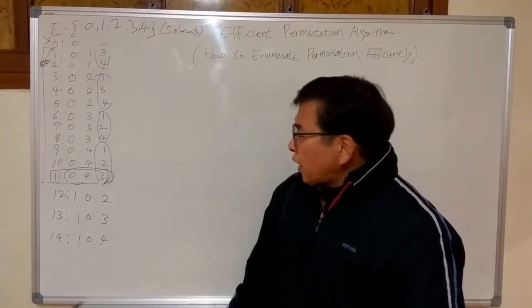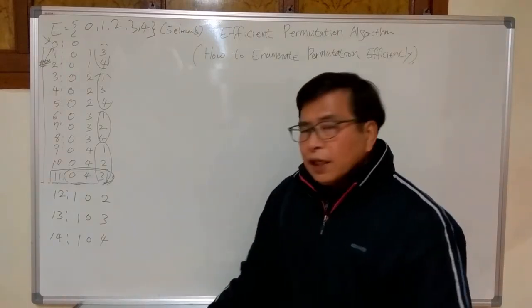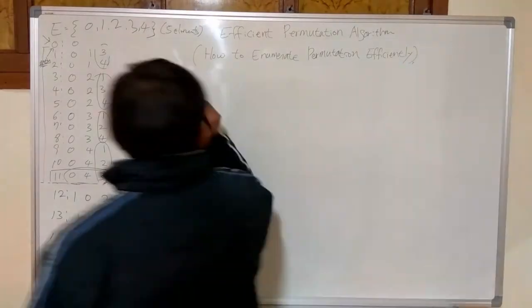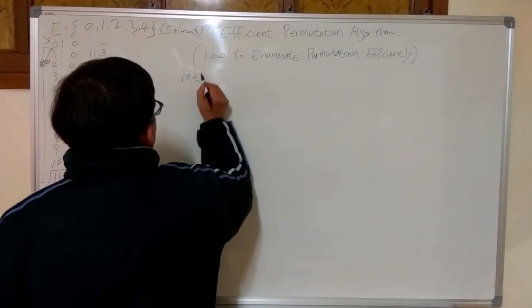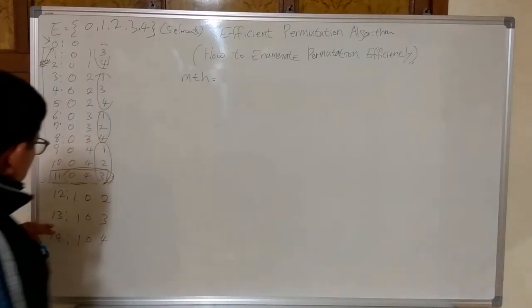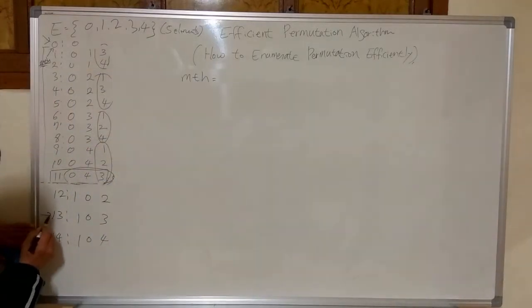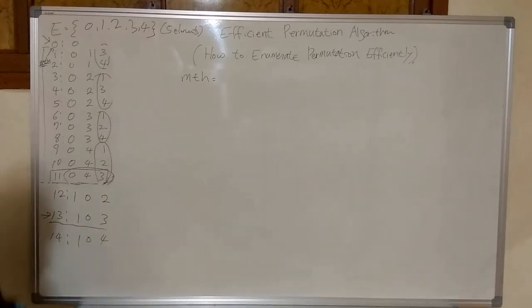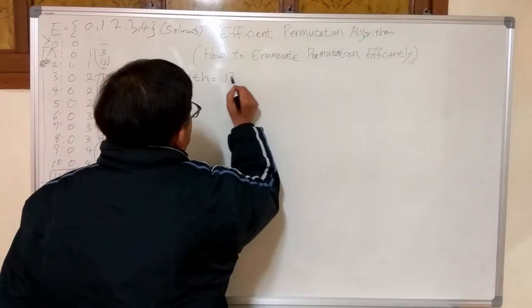To make your understanding concrete, I will try another number, okay? So let's say m is number 13. Now we try with 13, this number. So 13.